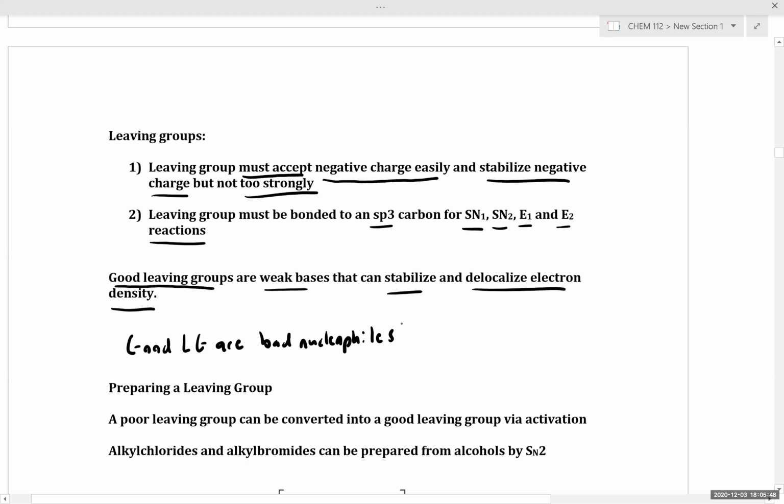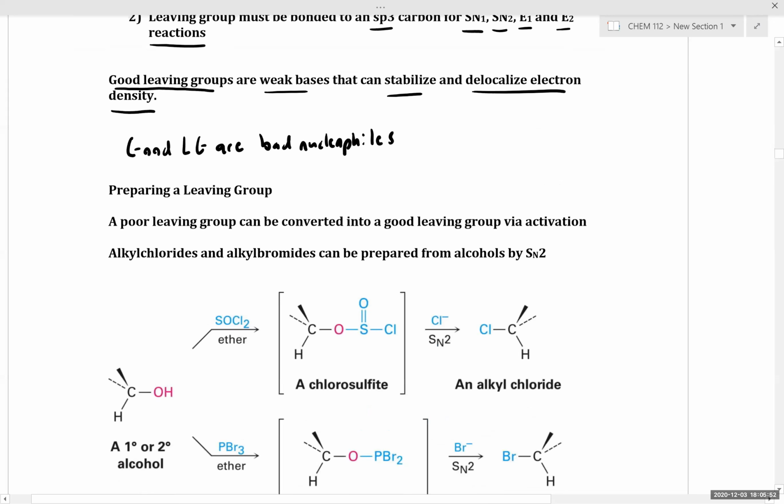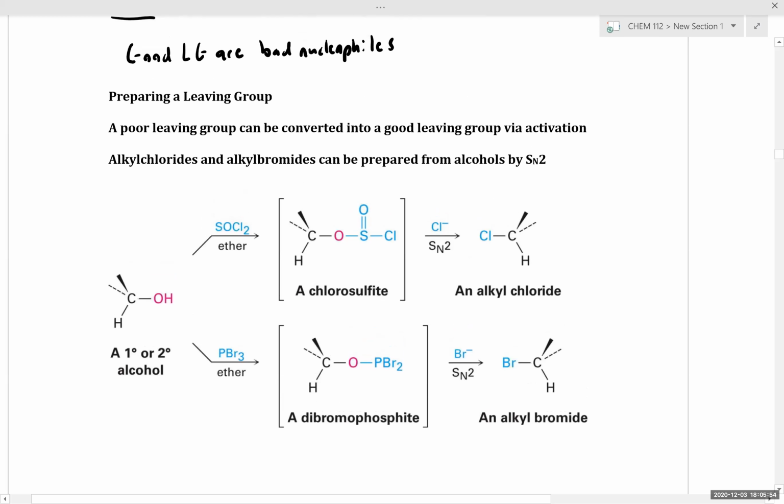Okay. So now that we have that idea sort of presented, let's talk about preparing a leaving group. There are a variety of methods that we can use to convert a poor leaving group, such as an alcohol, into a more effective leaving group.